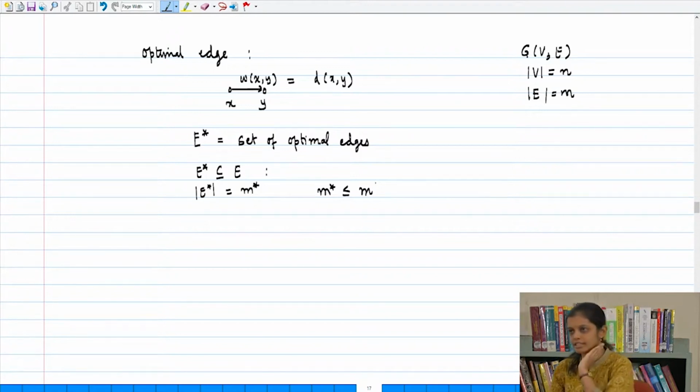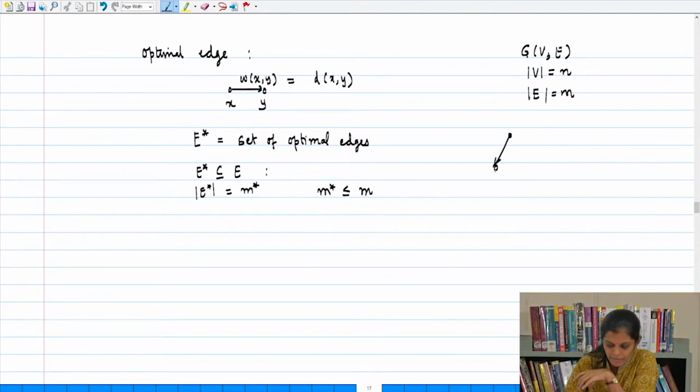So that we understand this notion of E star, let us see, is there an example graph where E star is equal to E, that is every edge is optimal? Why do you say that it is a tree? In a tree, between every pair there can be either a path or not; you are considering a directed tree, I assume.